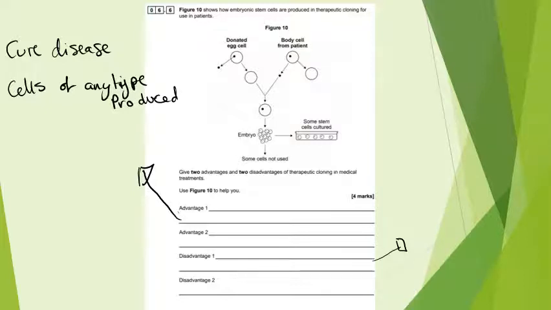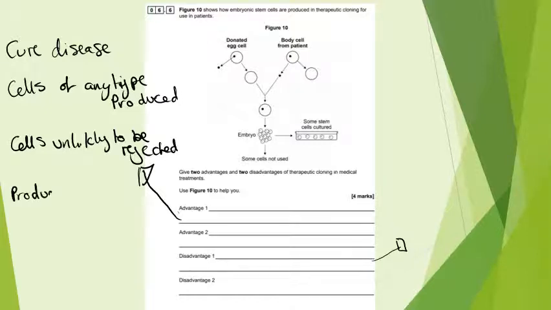So they are unlikely to be rejected by the patient. Okay, so that's quite an important point there. Could be the fact that you can produce many cells. Could be that you're producing a new organ, so perhaps this would reduce the waiting time for an organ transplant.